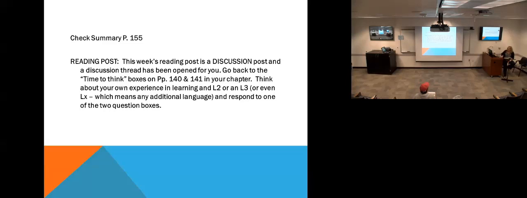All right. So let's go back and check the summary on page 155, because a lot of this stuff is new, and this is going to come back in your midterm. So I want us to make sure we've got a general idea. If we go back to page 155, the idea of transfer or interference became less associated with behaviorism.